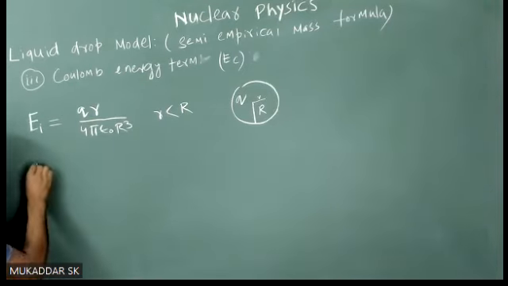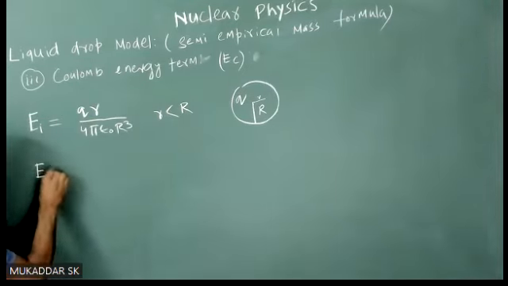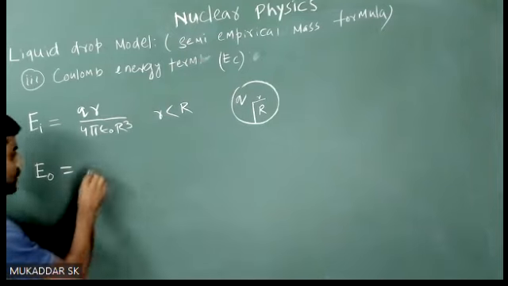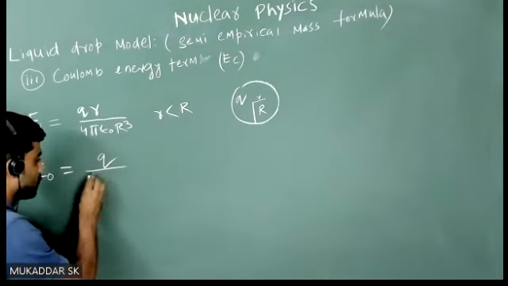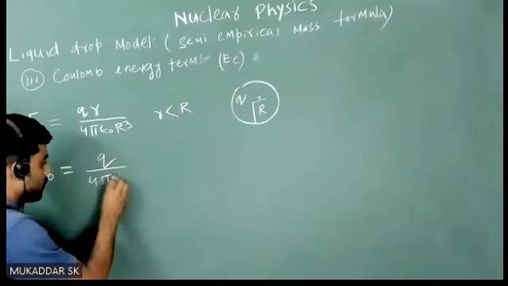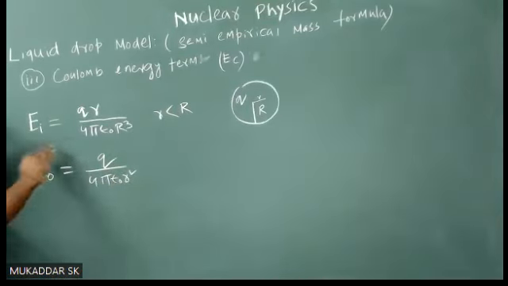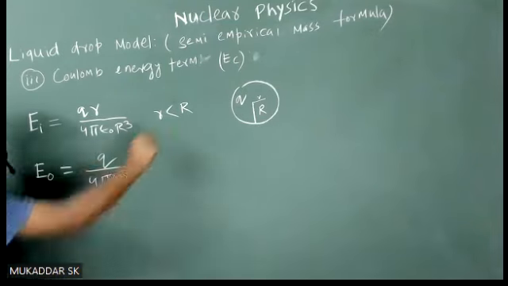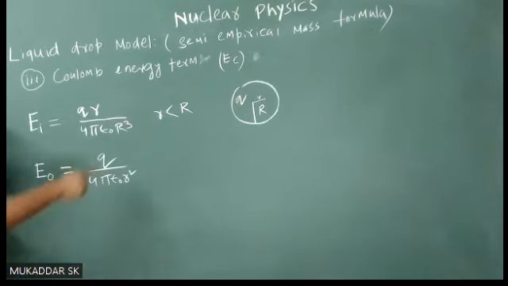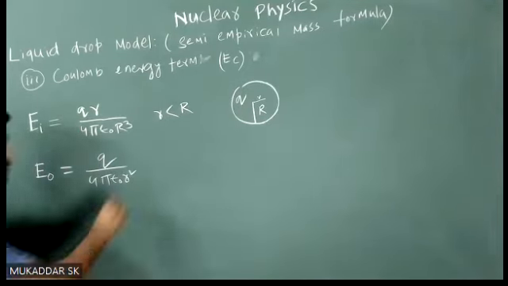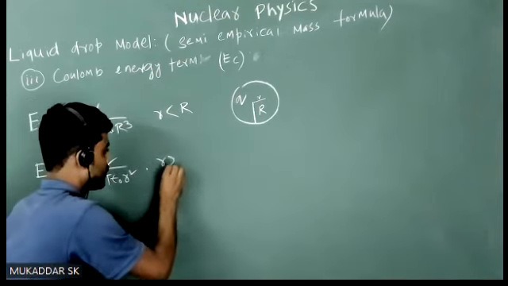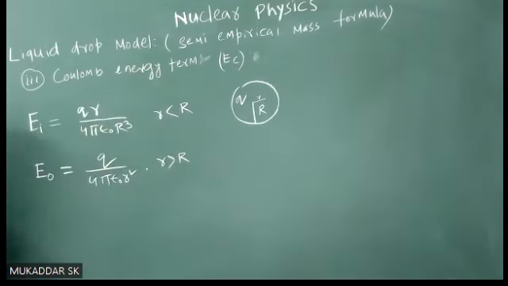And the electric field outside the sphere will be simply q by 4 pi epsilon naught r square. Very good. So this is the nature of the electric field for a uniformly charged sphere: inside it is proportional to r, and outside it is inversely proportional to r square, when r is greater than the radius of the sphere.